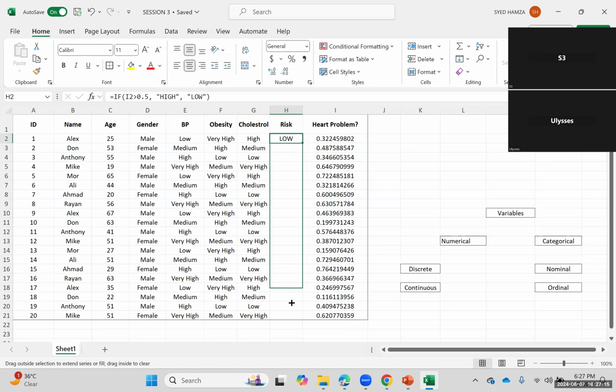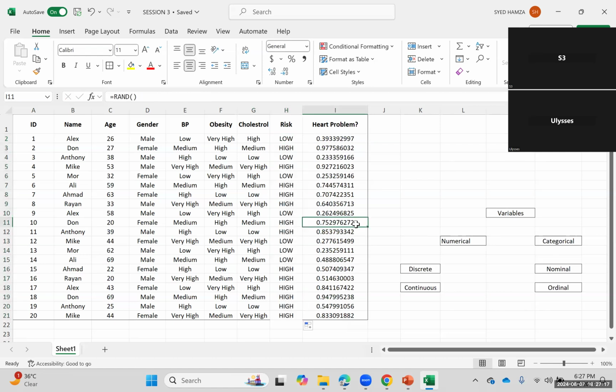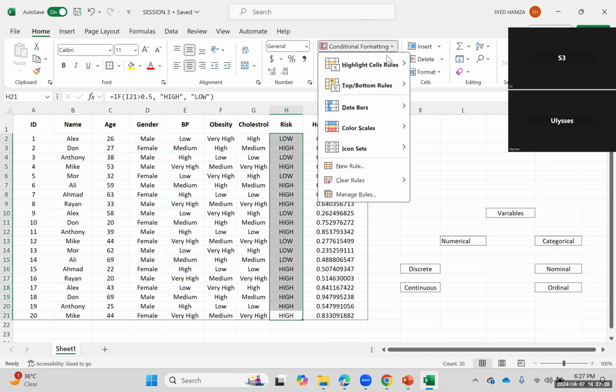So I can have this column now where I'm just seeing whether the person has high or low risk. And in this case, I can do one more thing, conditional formatting.